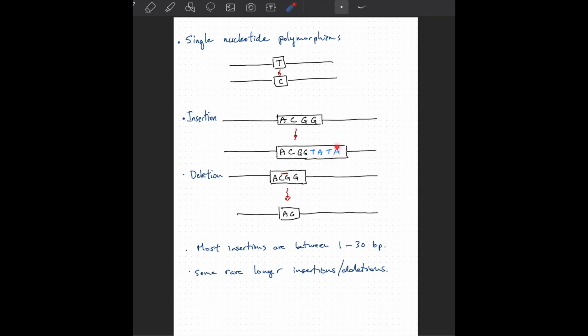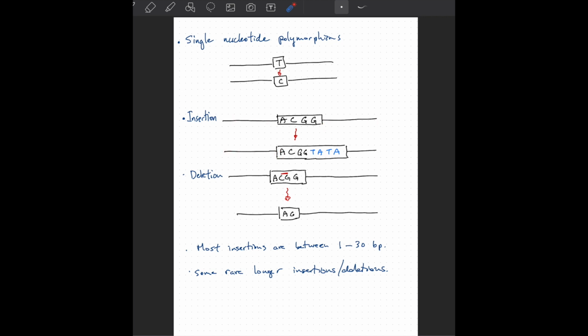I won't go into the molecular mechanisms that facilitate those short insertions, but at least in normal physiology, it has to do with the DNA replication process and mistakes being made. Insertions and deletions often occur in highly repetitive regions, for example. But you get this insertion TATA, and otherwise the chromosome stays the same.